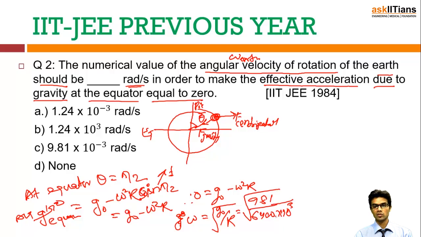Don't forget to put these values in SI units. So calculate this omega. It will be 1.24 into 10 to the power minus 3 radian per second. Just go and calculate it. Okay, so next.